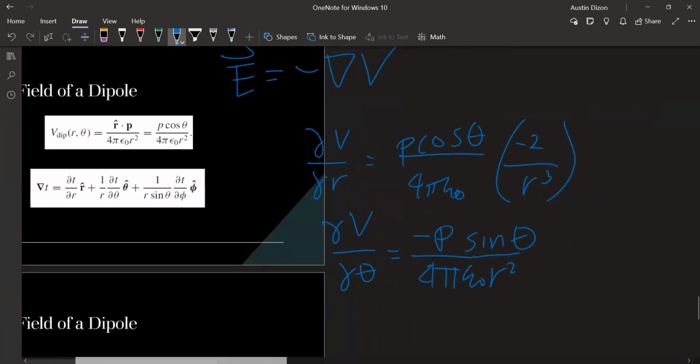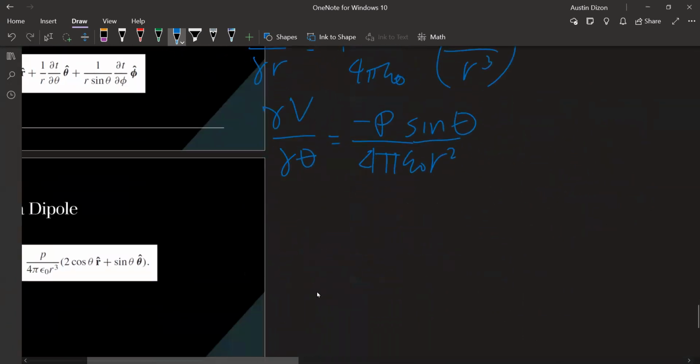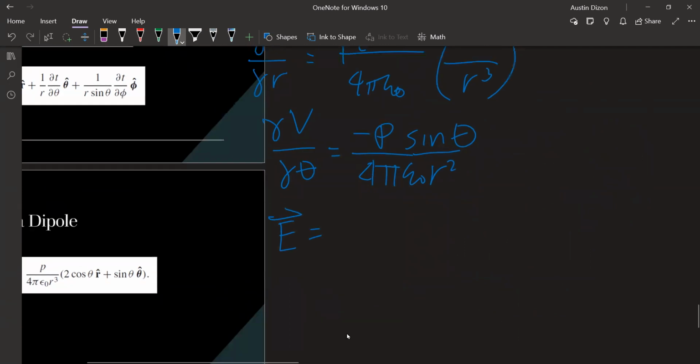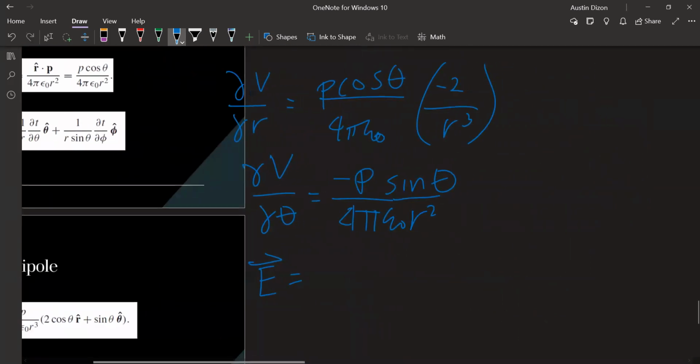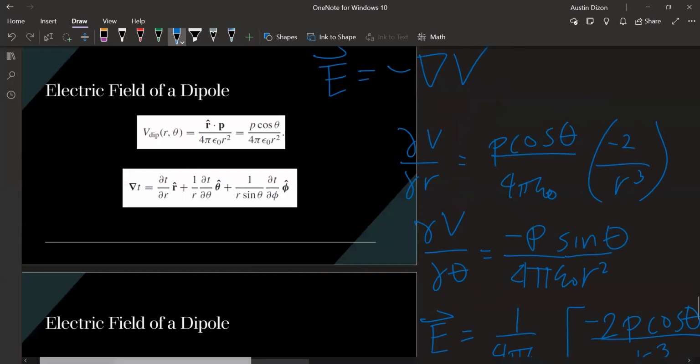So the electric field is E equal to negative the gradient of V. It is just 1 over 4 pi epsilon naught, since I can factor that out. Negative 2 P cosine theta over r cubed. Where does this point? R hat.